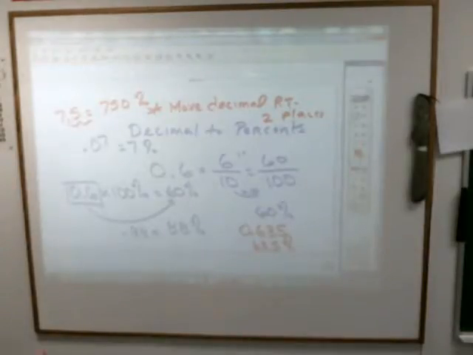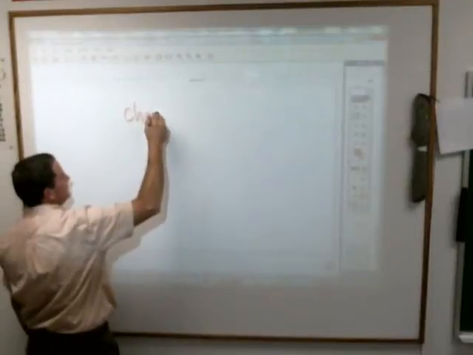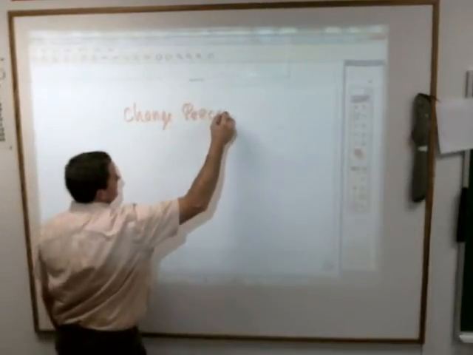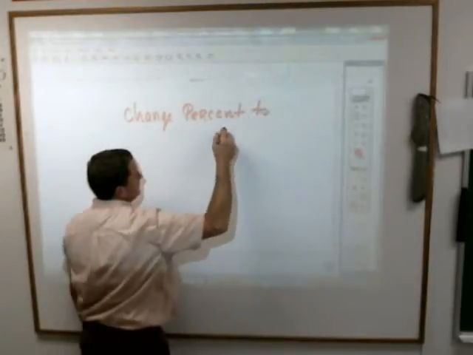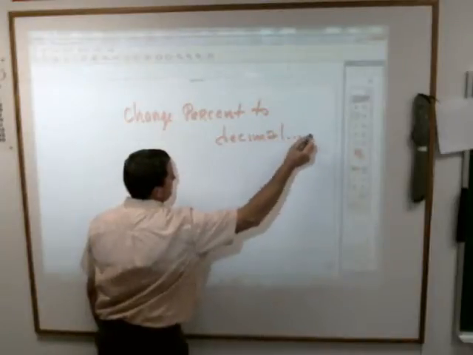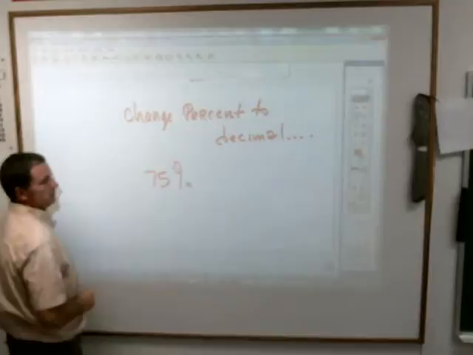Now, what if I want to change a percent to a decimal? What if I have 75% and I want to change it to a decimal?